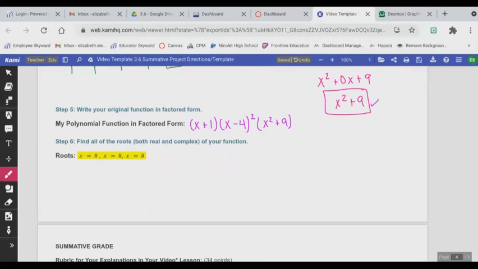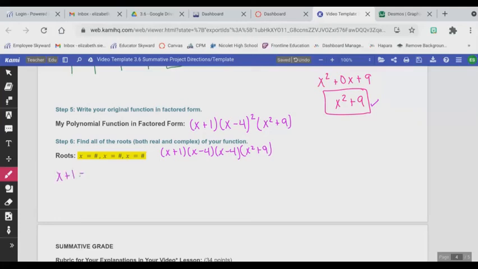And then my final step is to find all of the roots, both real and complex. So we already found a couple of these. Again, I'm just going to rewrite this, x plus 1. And then remember, this is just saying x minus 4 times x minus 4 times x squared plus 9. So if I set each factor equal to 0 and solve, I'll be able to find my roots.